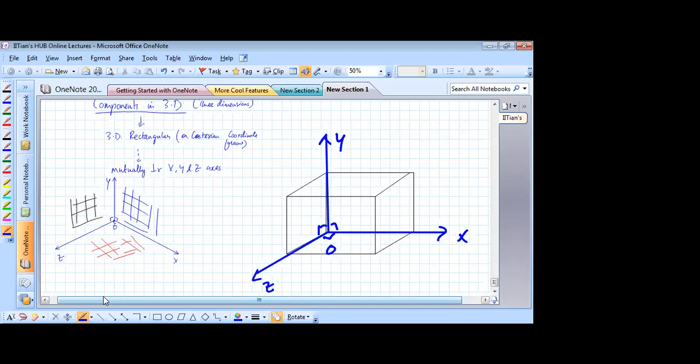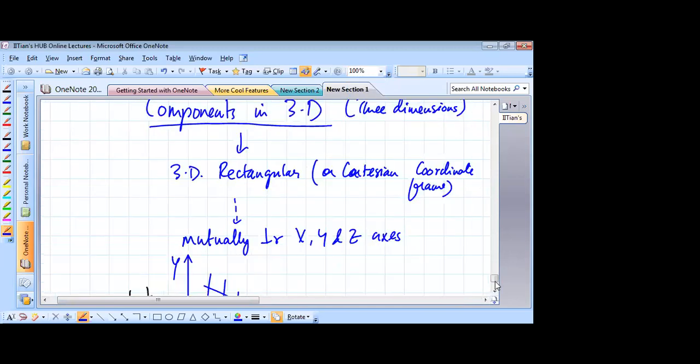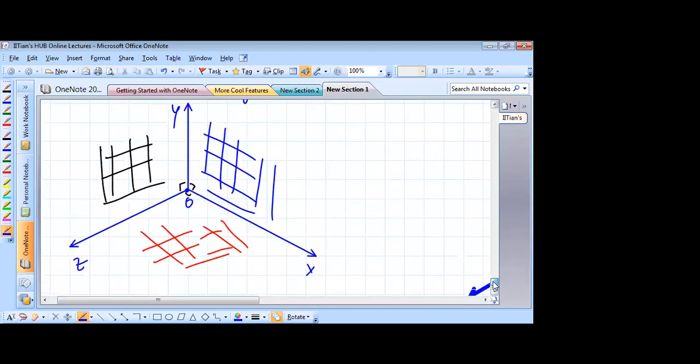Okay, so now once you understood the 3-dimensional coordinate system, now we look at unit vectors, the standard unit vectors, or what we also call the base unit vectors.